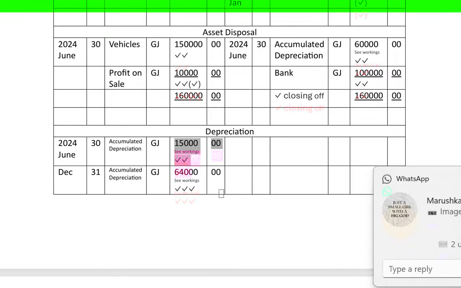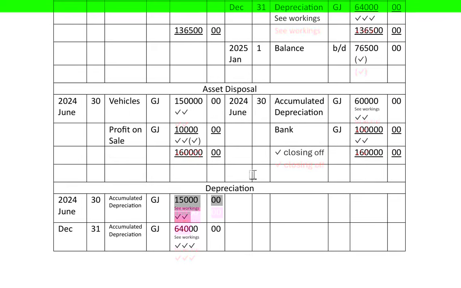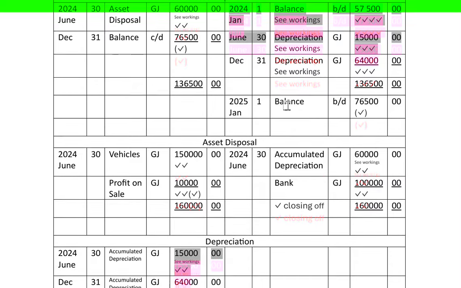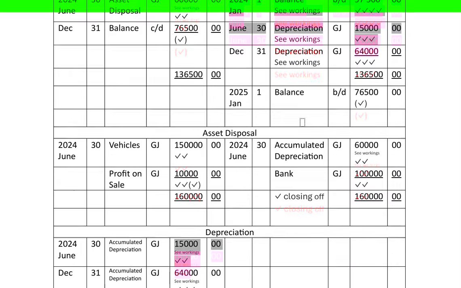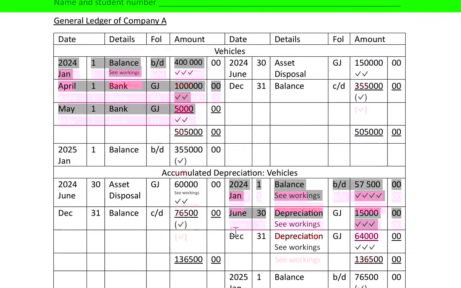So what we've done now is we've depreciated up until the date of the sale. There it is. We credited accumulated depreciation and we debited depreciation. So that was step 1, depreciate up until date of sale.